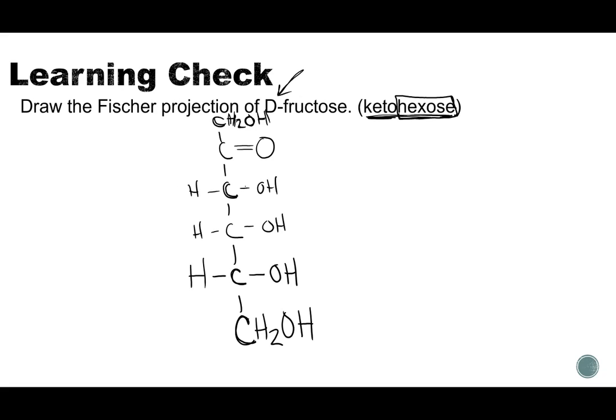But on this carbon, I need to see a hydroxyl and a hydrogen. And on this carbon, I need to see a hydroxyl and a hydrogen, and it doesn't matter where. So that is the projection for D-fructose or for D-ketohexose. So that's it for this section. The last section is going to be just full of fun facts about carbohydrates. I hope you found this helpful.